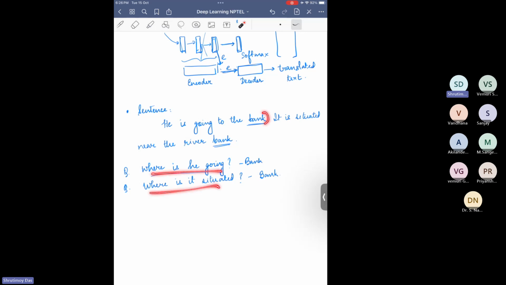But for the second question, this part is not so important. So we want the network to look at or attend to only a part of the input that you have. That thing is covered by attention.